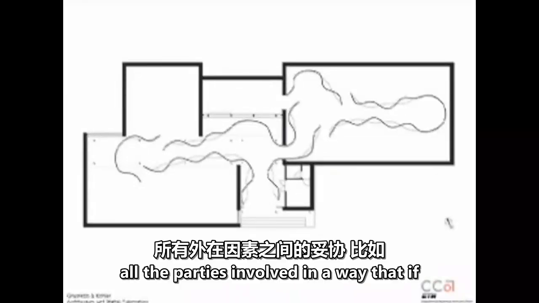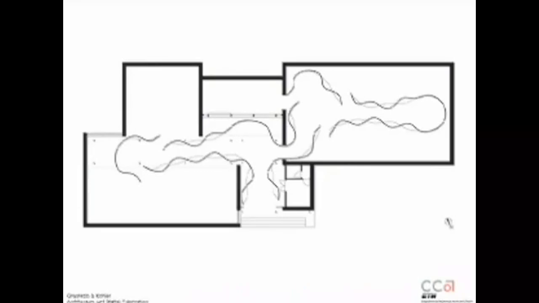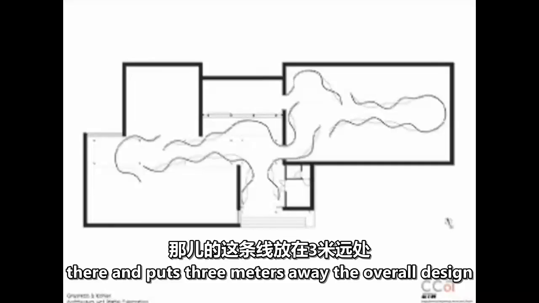In a way that if somebody comes and picks the line and puts it 3 meters away, the overall design, the product, would not suffer under this manipulation.